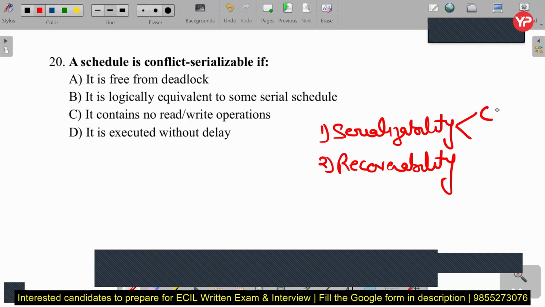We categorize it into two parts: conflict serializability and view serializability. A schedule is conflict serializable if it is logically equivalent to any of the serial schedules. Why? Because a serial schedule is always consistent in nature. That's why we are talking about conflict serializability, whose output has to be equivalent to some serial schedule. So the correct answer is B.